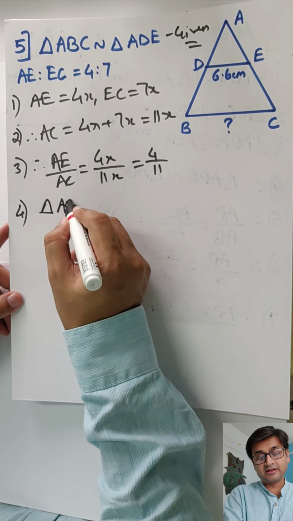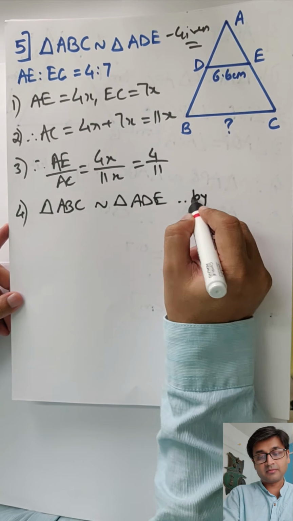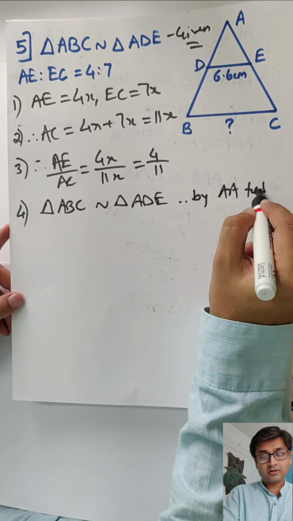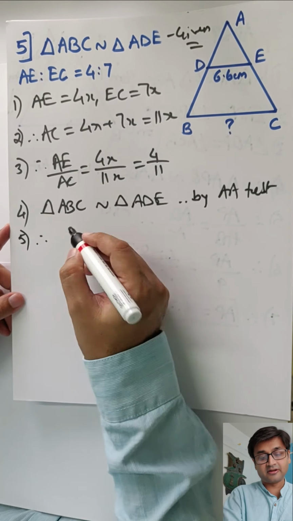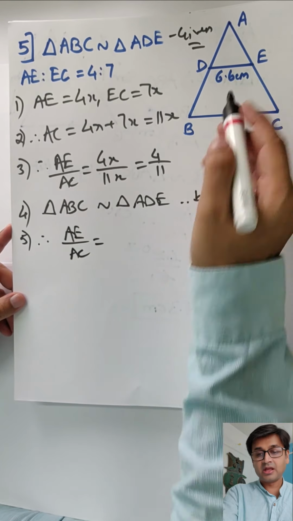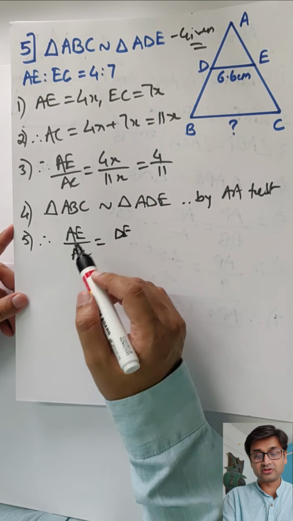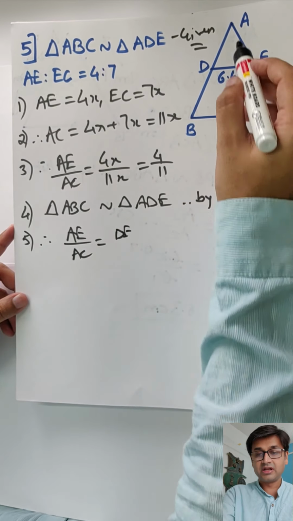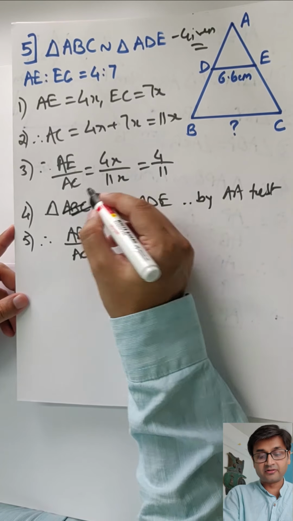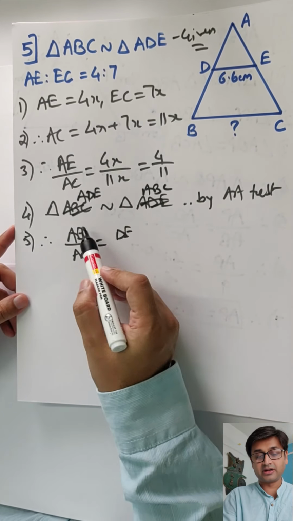Now say triangle ABC similar to triangle ADE by AA test. Once your triangles are similar, therefore AE upon AC equals DE, ABC first, no? So we'll have to write this one first. So let me write it the reverse way, ADE and ABC, so we don't get confused.